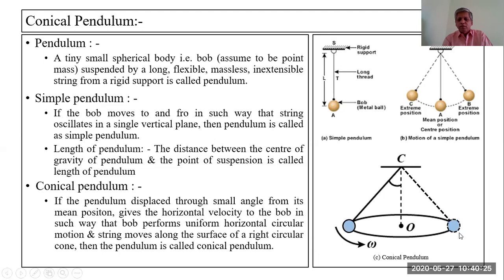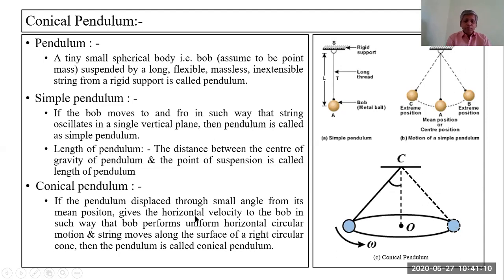A conical pendulum means when the pendulum is displaced through some angle from its mean position, like this angle, and given a horizontal velocity in such a way that it performs horizontal circular motion and forms a cone-like structure by the thread, then that is called the conical pendulum.